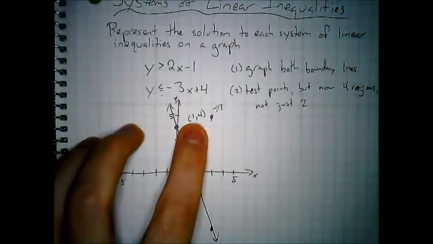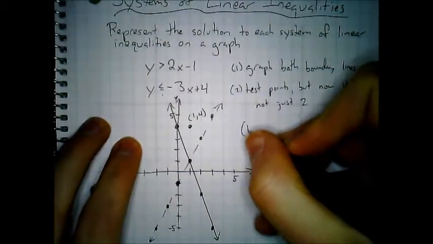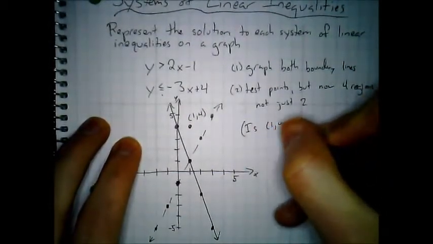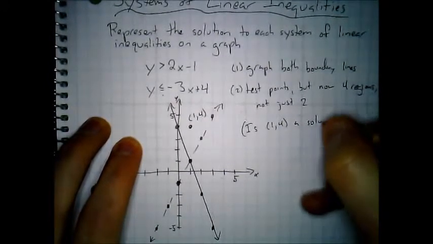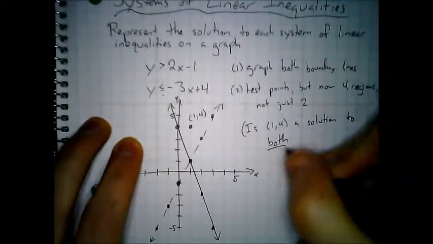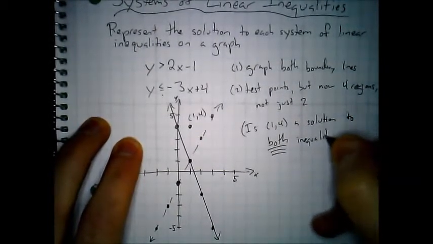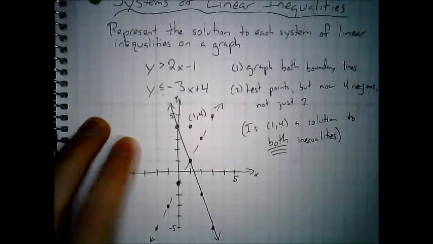So we want to know, is (1, 4) a solution to both of these inequalities? So again, this is what we think in our mind. Is (1, 4) a solution to both inequalities?